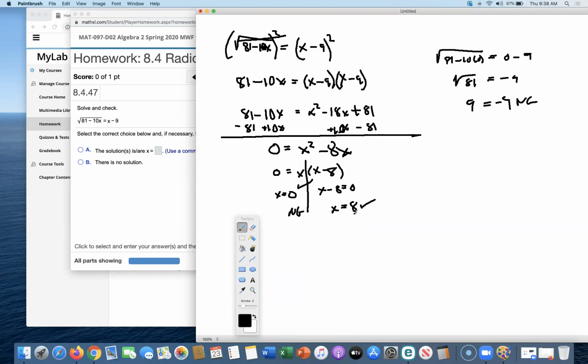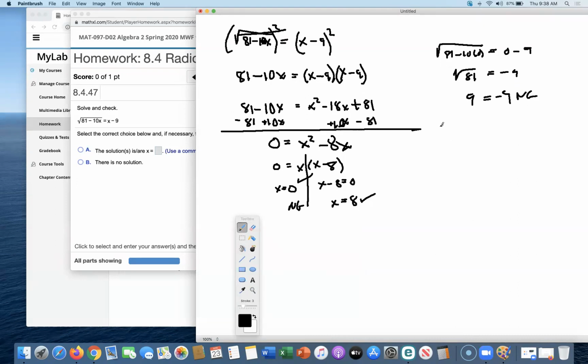Okay, let's try the 8. Square root of 81 minus 10 times 8 equals 8 minus 9.